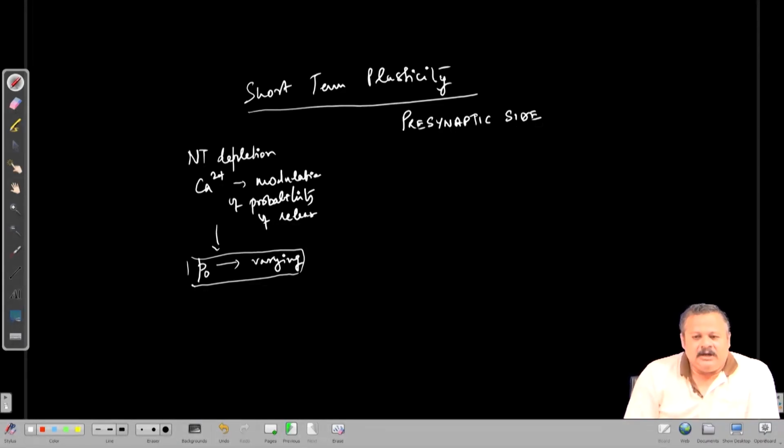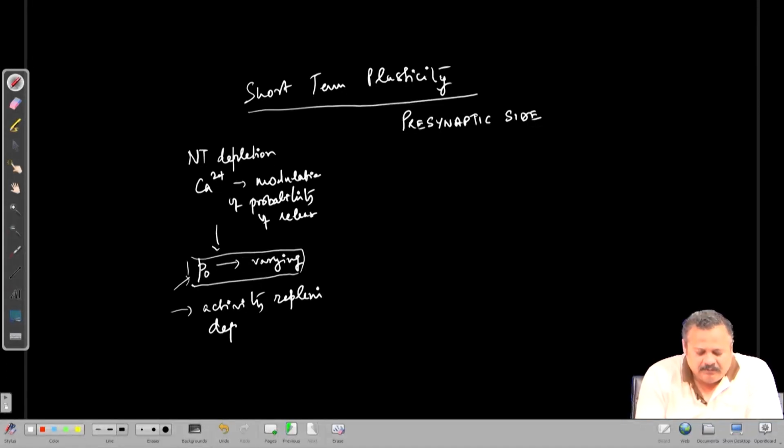That can also be included in a very similar manner with a similar differential equation, and it can be made activity dependent by making the differential equation a function of the summation delta t minus tj's. We can further have activity dependent replenishment, that is essentially in the previous model that we talked about, the tau r has a dynamics.